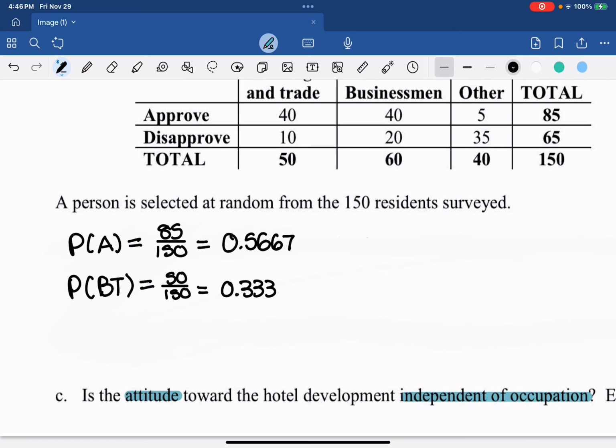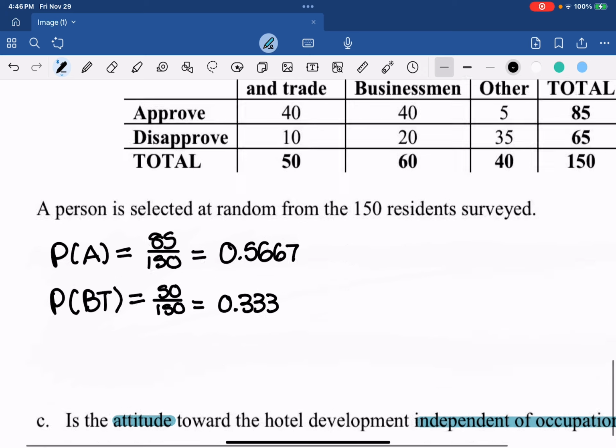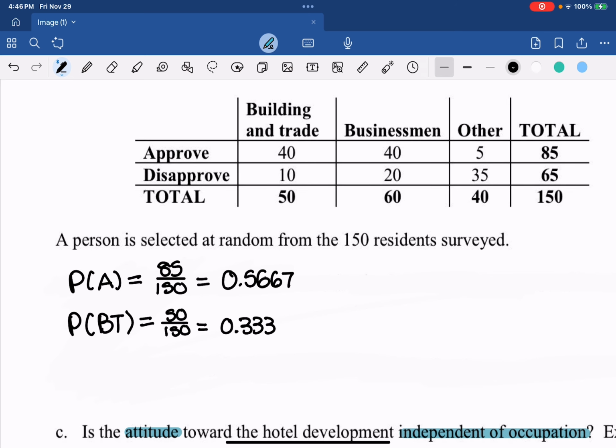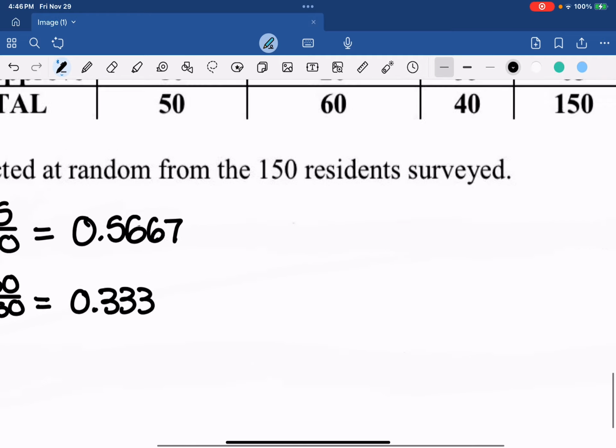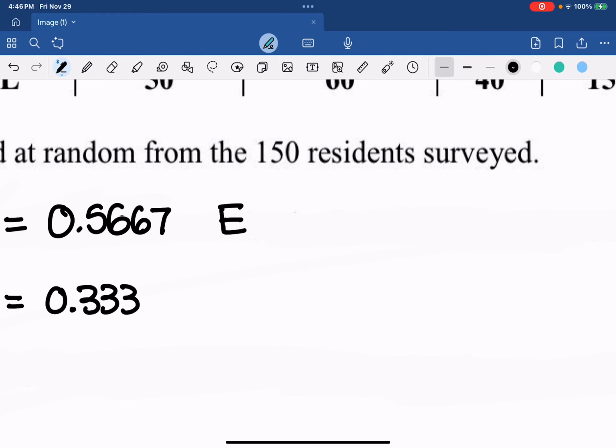And we need to calculate the expected. So we're finding an expected and an independent, and we're going to multiply them, because this will tell us, is there a connection between these two? So I'm going to write an E right there, and then P, and I'm going to write down independent right there.